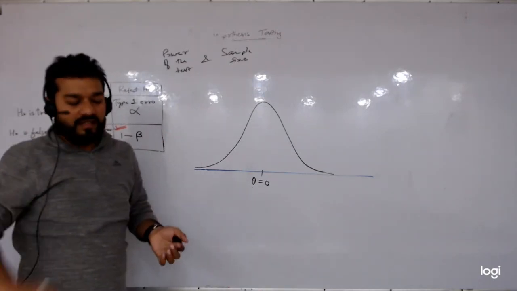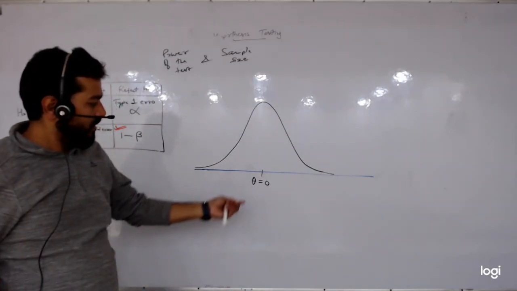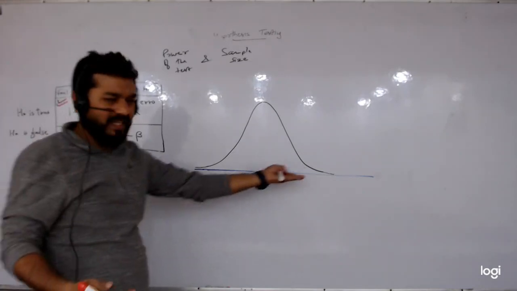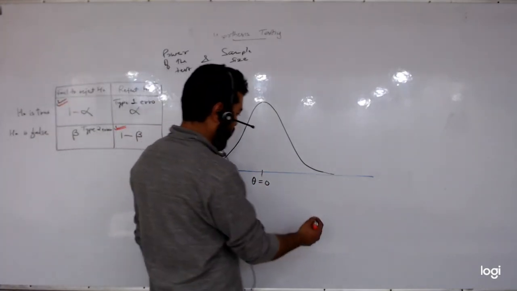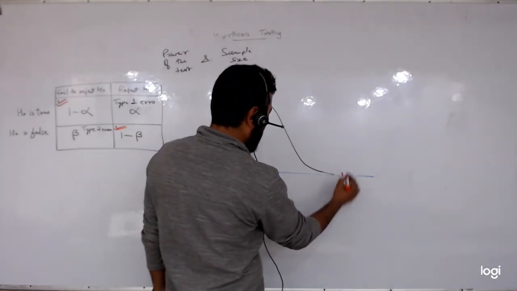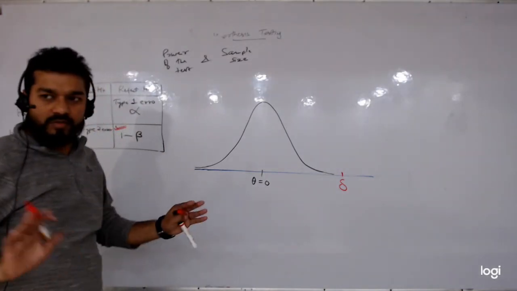If indeed, let's say that this is false, there is actually some difference, that there would be some value of that difference over here. Now, let's say that is delta. Okay, there's no problem with the shape.